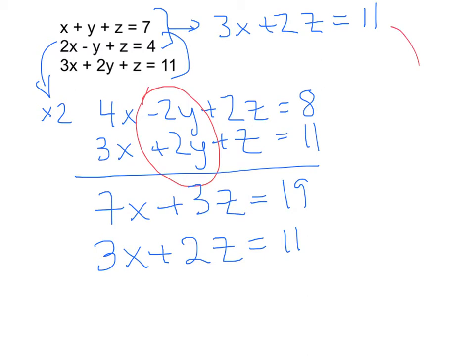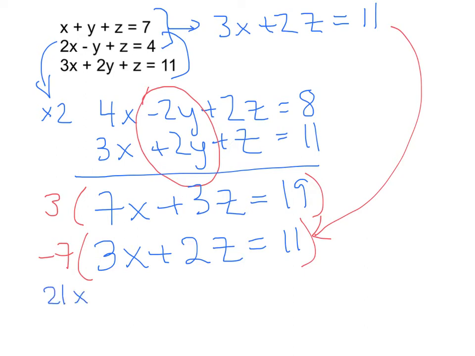In other words, we're going to take this equation, I've just rewritten it down here, and we can use our standard procedure to solve this, which is to look at it and say, if I multiply the top equation by 3 and the bottom equation by -7, I'm going to get the following two equations. 21x plus 9z equals 3 times 19 is 57.